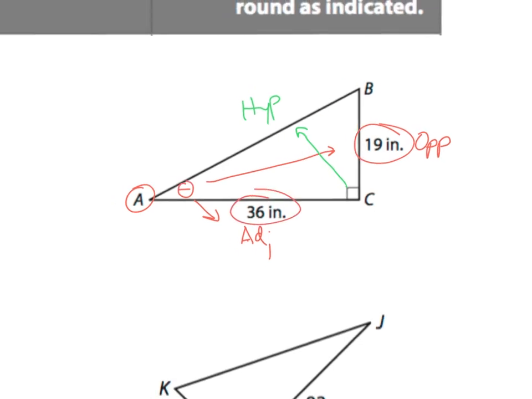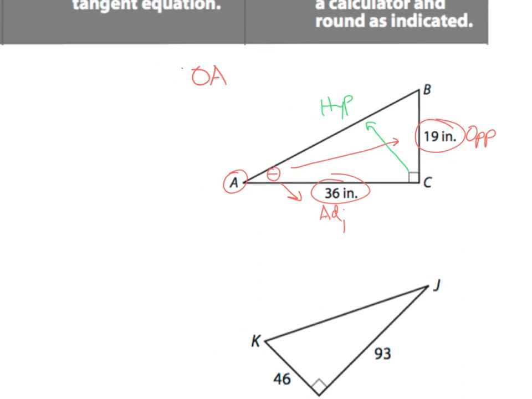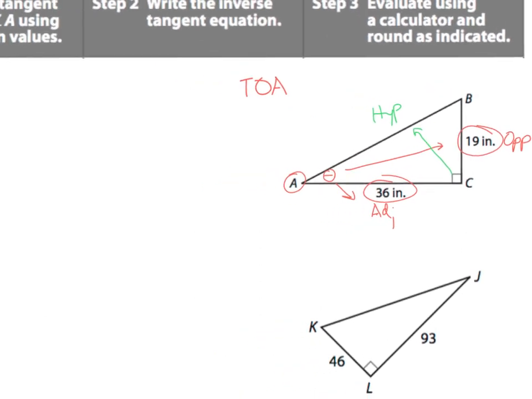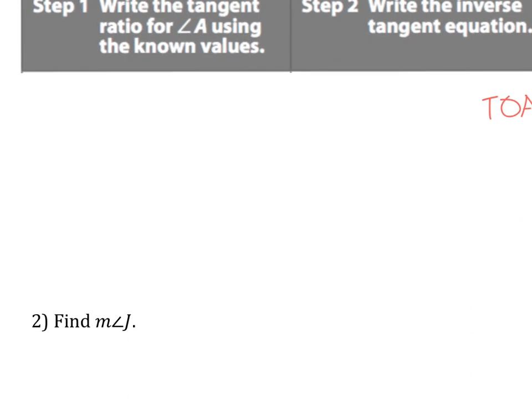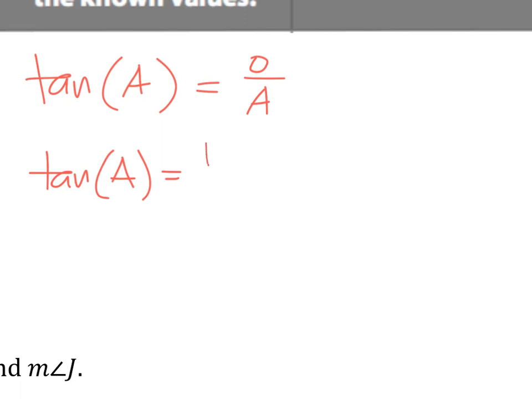Which function uses O and A? That would be tangent, for TOA. So we're going to set this up as the tangent of A, my angle A, equals opposite over adjacent. So tangent of A is 19 over 36.